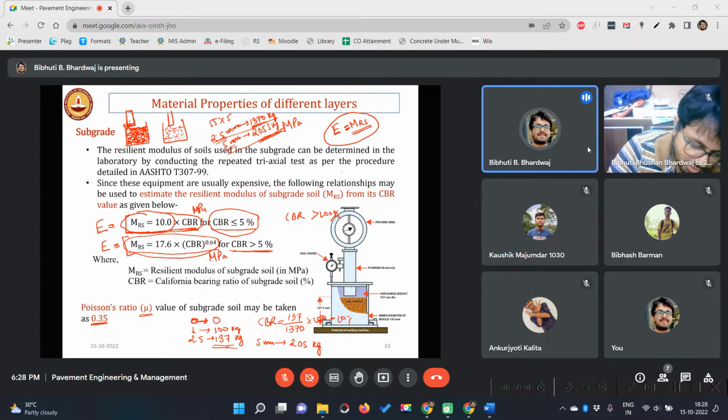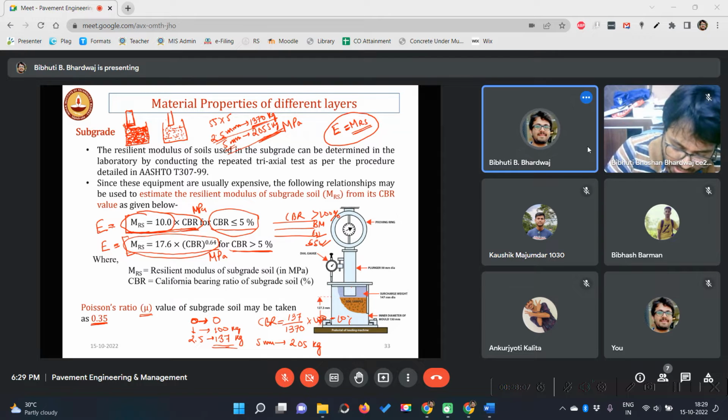So now we can say that this layer is done. As we know, 3 layers are there: one is the bituminous mix, then the granular layer, base and subbase, and the soil subgrade. So the soil subgrade is done. We know now which value to take.